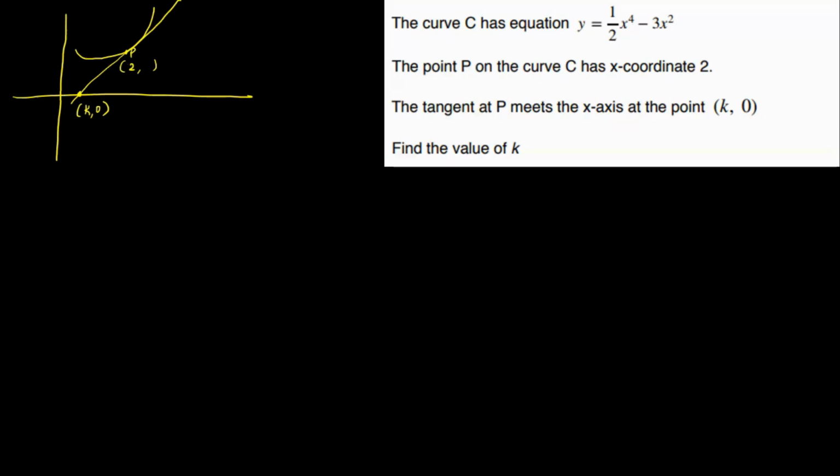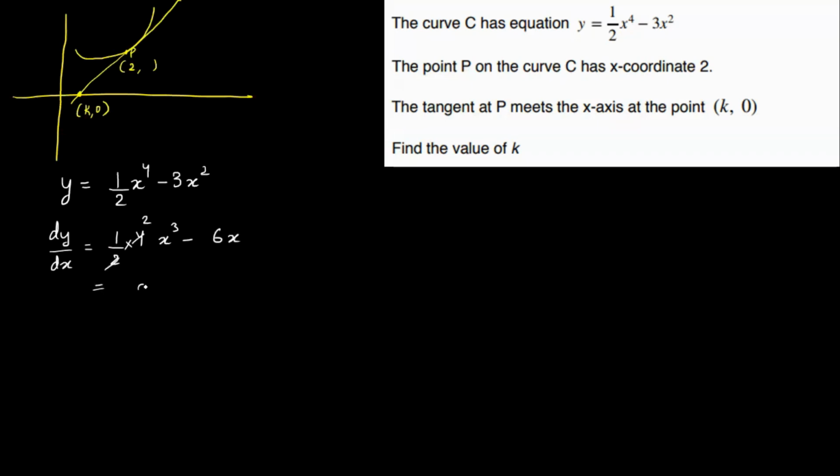For the tangent at P, let's find the slope or the gradient at P. So y is equal to half x to the power 4 minus 3x squared, and dy by dx is equal to half into 4x cubed minus 6x.